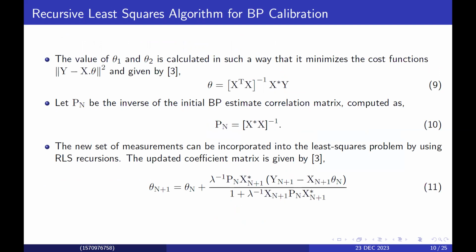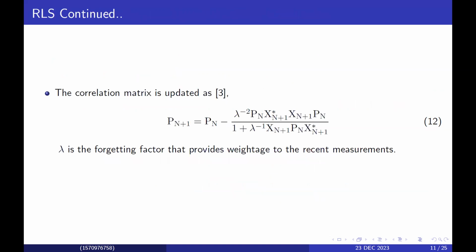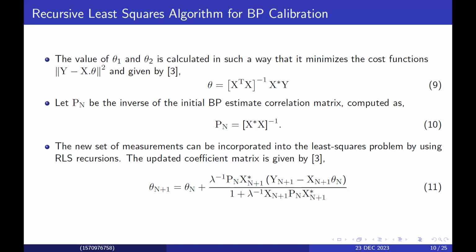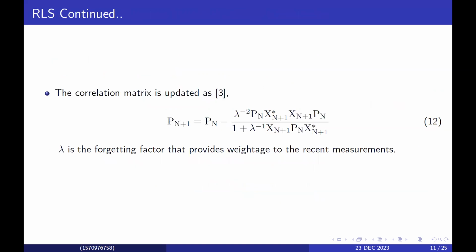It is found in such a way that it minimizes the cost function, the square of the L2 norm of y minus x times theta. For every iteration we update the correlation matrix Pn and coefficient matrix theta n using equations 11 and 12. Here lambda is the forgetting factor that provides weightage to recent measurements.